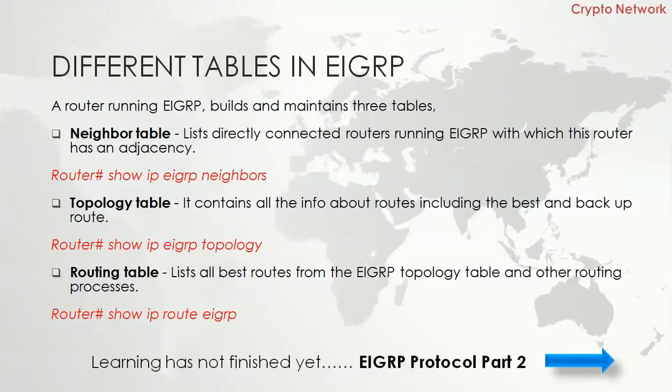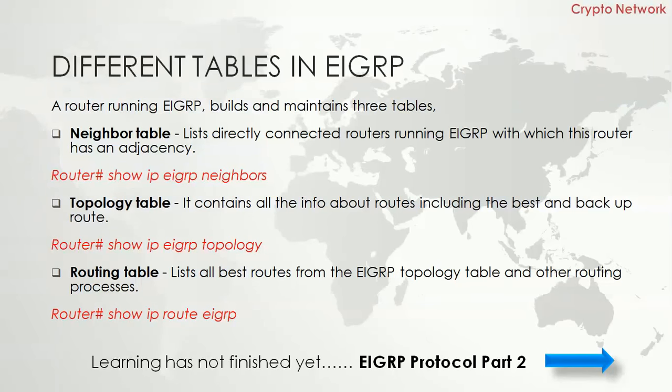All right. So a router running EIGRP maintains three tables. The EIGRP neighbor table contains the known EIGRP neighbors the local router is directly connected to. For example, we can look at the router 1 neighbor table using the command show ip eigrp neighbors, and we can see the IP addresses of adjacent routers.